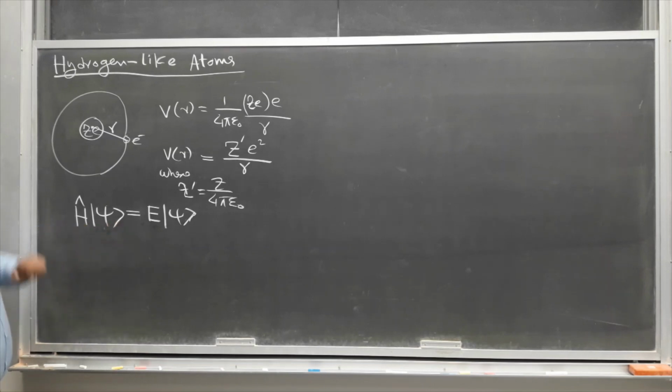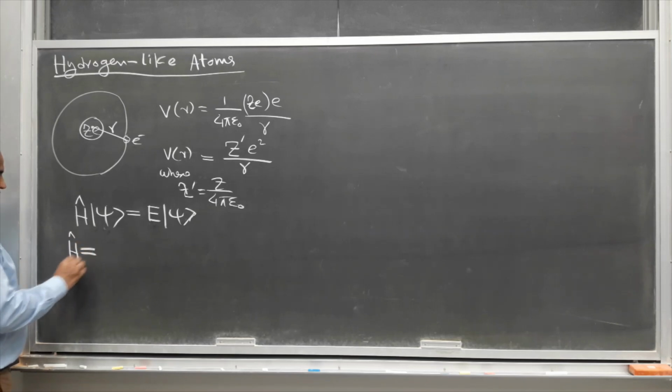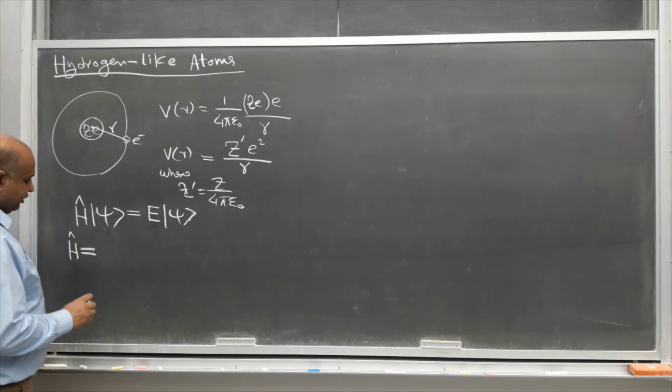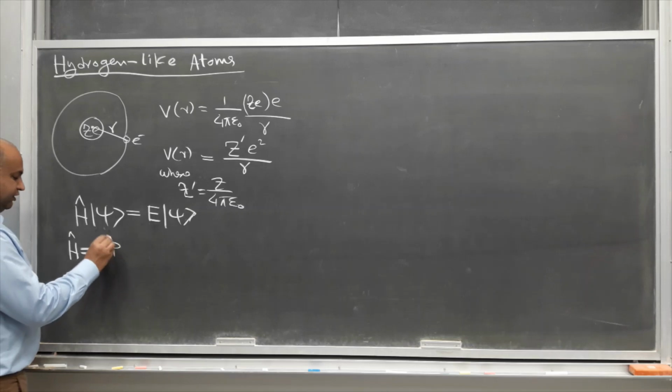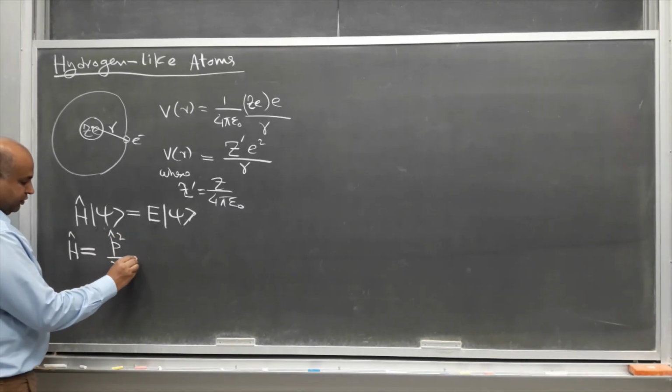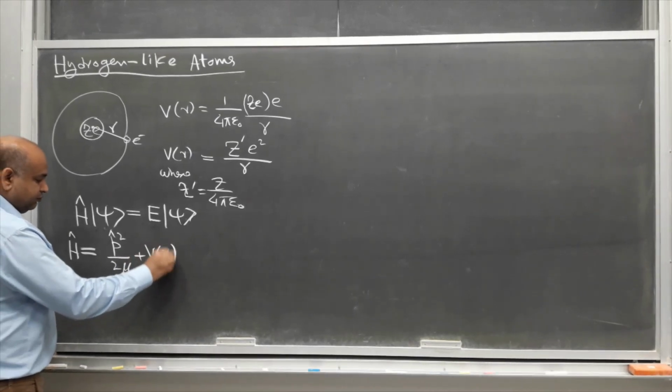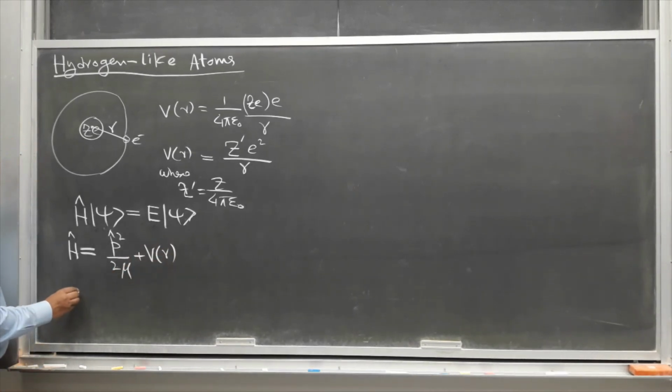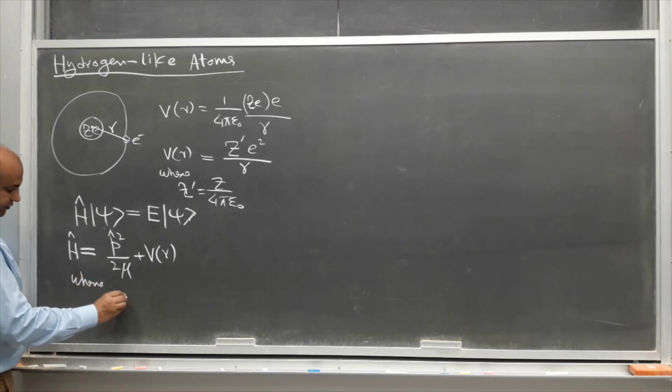Okay, so to begin this, we need to write the Hamiltonian operator in position space, which is the sum of kinetic and potential energy. So the kinetic energy term is momentum square over 2 mu plus the potential energy, where this mu is the reduced mass.